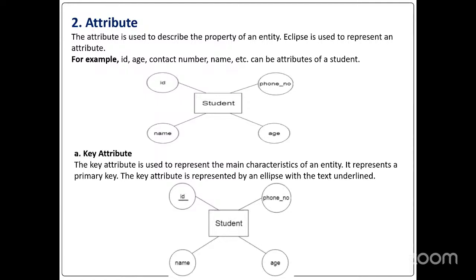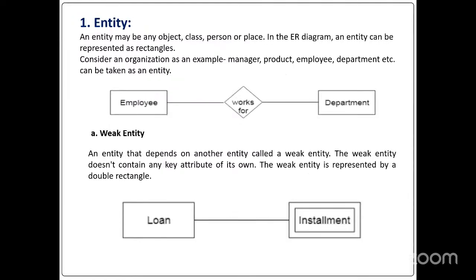Previous slide. Double rectangle. If you observe here, which is dependent on which one? Loan is dependent on installment, yes or no? So the dependent one is represented in a double rectangle.